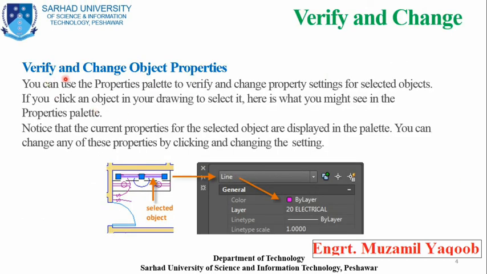Now comes verifying and changing object properties. You can use the properties palette to verify and change property settings for a selected object. If you select an object in your drawing, here is what you might see in the properties palette. In this picture the example is given.